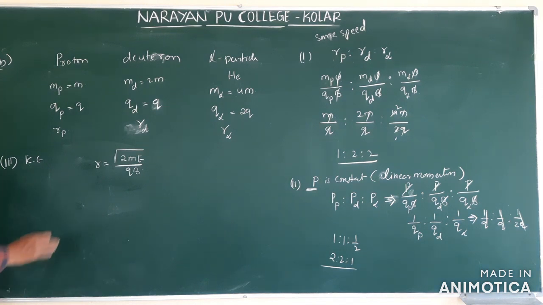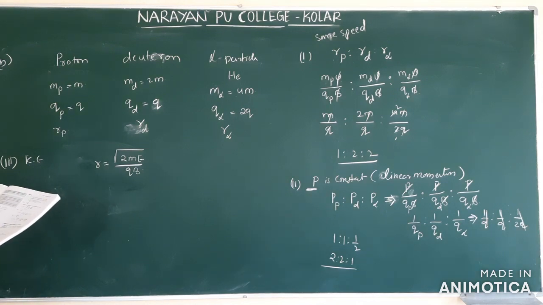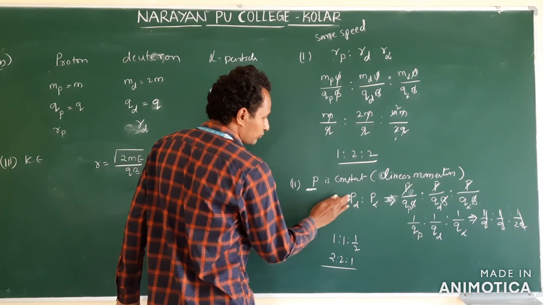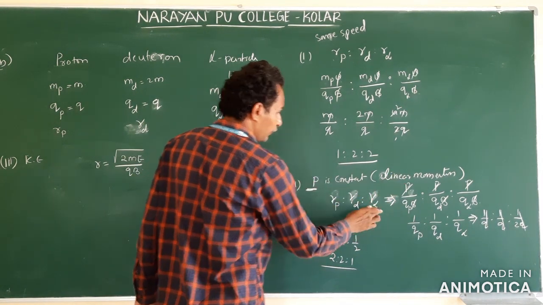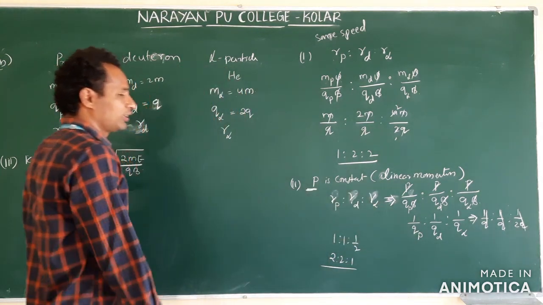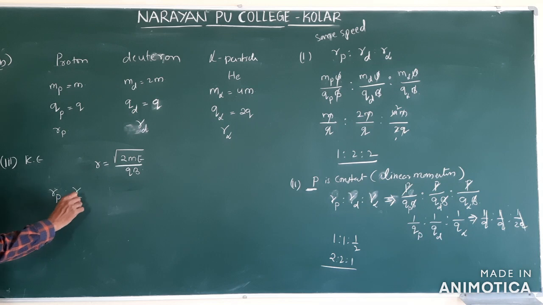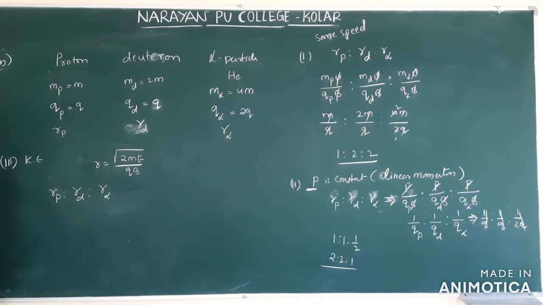Okay. Actually, here it is not momentum ratios. This is R_P, R_D, R_alpha. We only substituted the R formula. Clear? Don't confuse. Here also we say R_P is to R_D is to R_alpha.